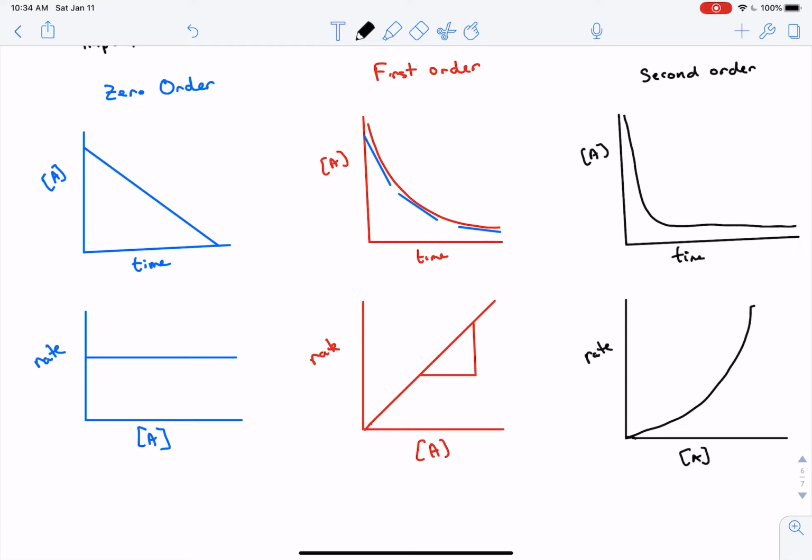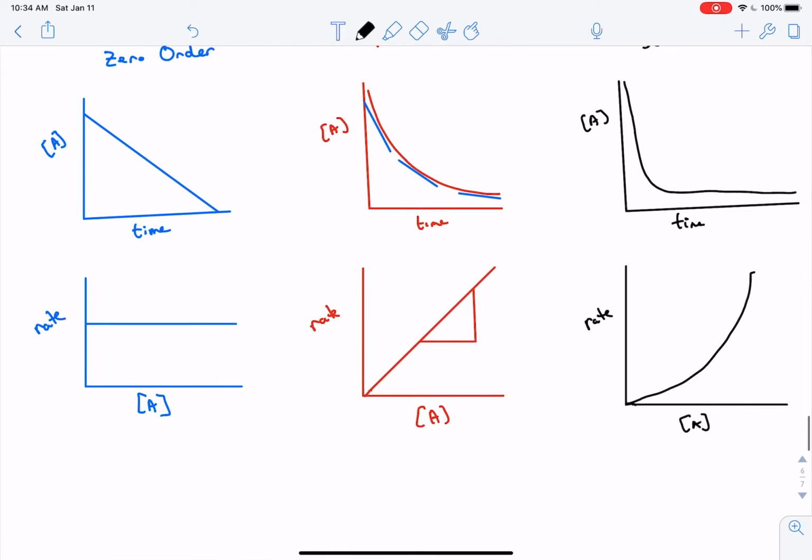Okay? What I like to think about is that these graphs are probably the ones that you really want to focus on, because these graphs actually are based on the equations that you need to know. Because we have expressions for each of these equations. Okay?